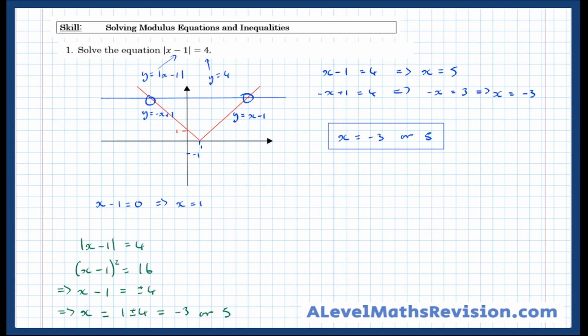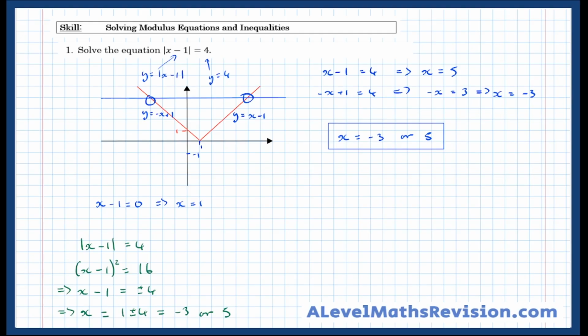Now you might be thinking that's a much neater way of doing it, and in this instance it is. It's much quicker. However, this method only works if both sides are always positive. If not, the method will break.